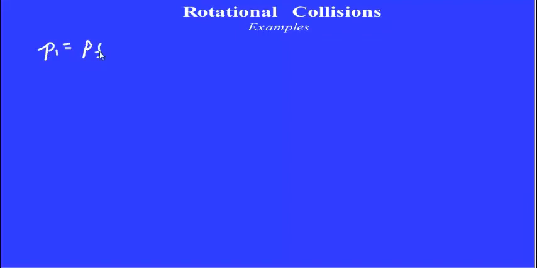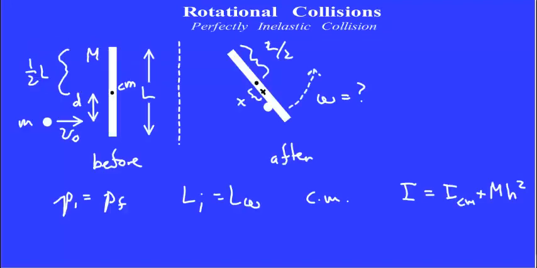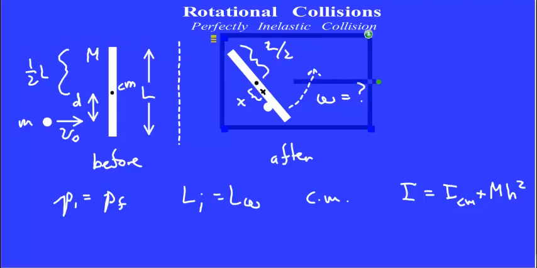Obviously, before the collision, the only thing that's moving is the ball of putty, right? But afterwards, they're going to be moving together. And I didn't point this out initially, but let me go back to the previous screen. That whole system is going to translate to the right.